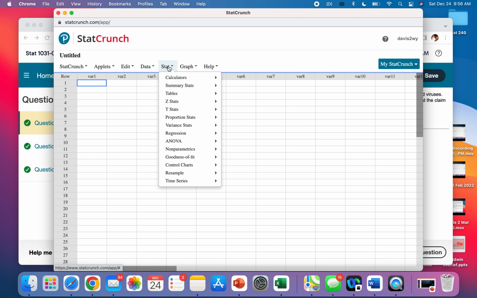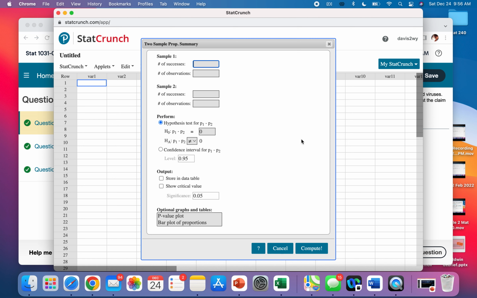Okay, Stat, Proportion Stats. This time we have two samples, and we have a summary because it gave us the number and the percent. We don't have the number of successes, so we're just going to do a little calculation. For vinyl, 62% of 294 is how many leaked.